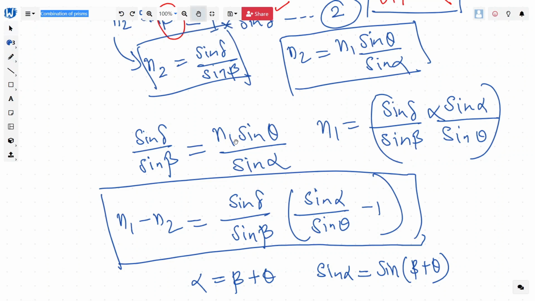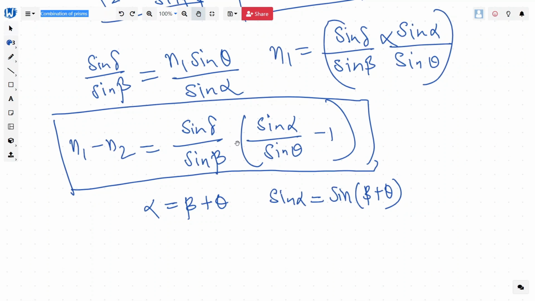Hopefully somehow we can get rid of sine beta. So let's write that down. This is simple. Sine beta cos theta plus cos beta into sine theta.